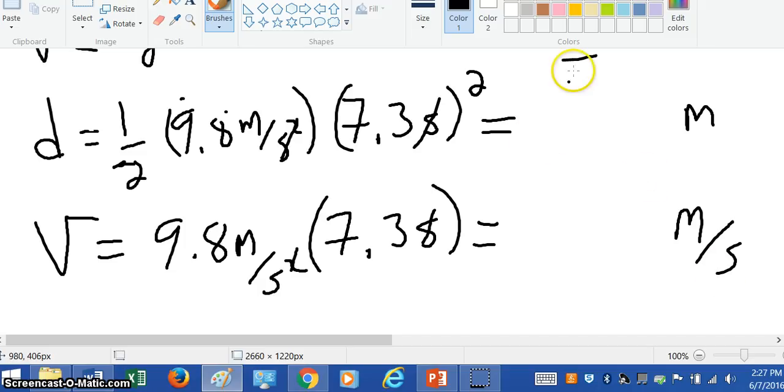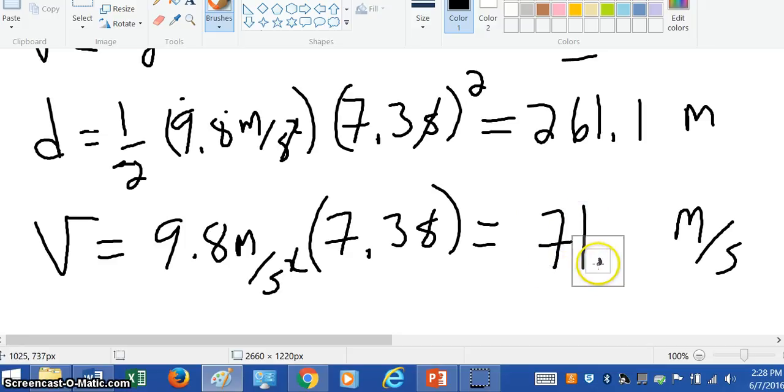So let's calculate that. Doing a quick calculation on my calculator, I get that the distance traveled in 7.3 seconds for a freely falling object is 261.1 meters, and the final velocity, and by the way, we're dropping this from rest, I should indicate that, is roughly 71.5 meters per second.